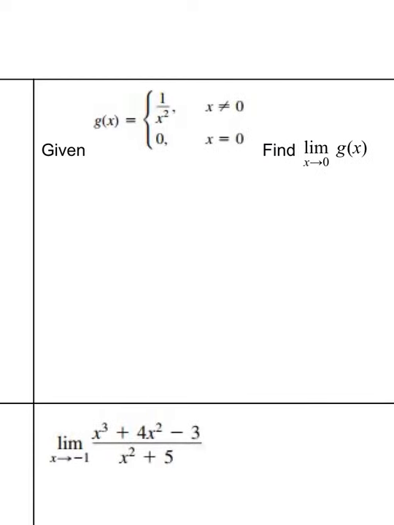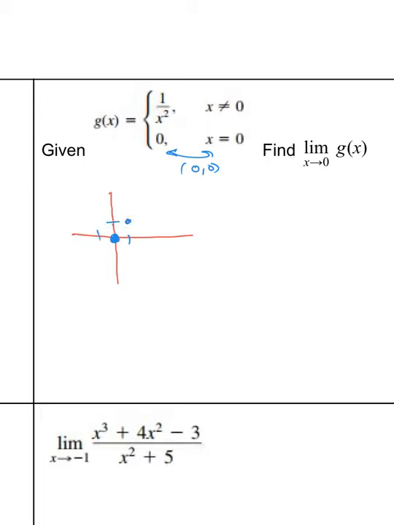Let's look at this other piecewise function. So if we went to graph this, when x is 0, the piecewise function says y is 0. When x is 0, y is 0, this just makes a point. The rest of it says 1 over x squared. So when x is 1, y is 1.